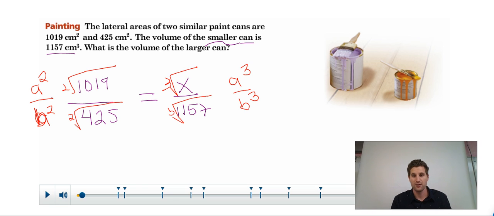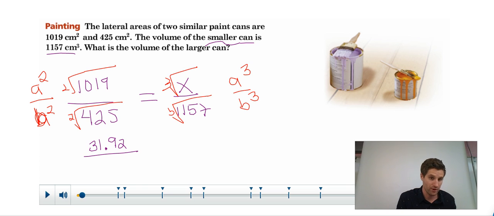So I'm going to first take the square root of 1019. We get our new answer here as 31.92.